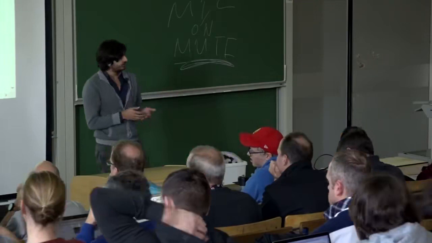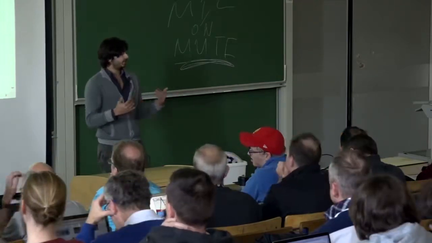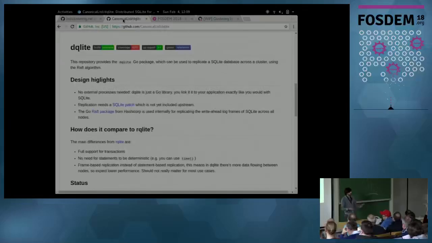So in case of a split brain, in order to make a database change, for example an update SQL query, with this machinery you need to have a quorum of nodes that acknowledge that you wrote a log entry. If you don't have a quorum, the operation fails. So in case of split brain, there's just a failure.